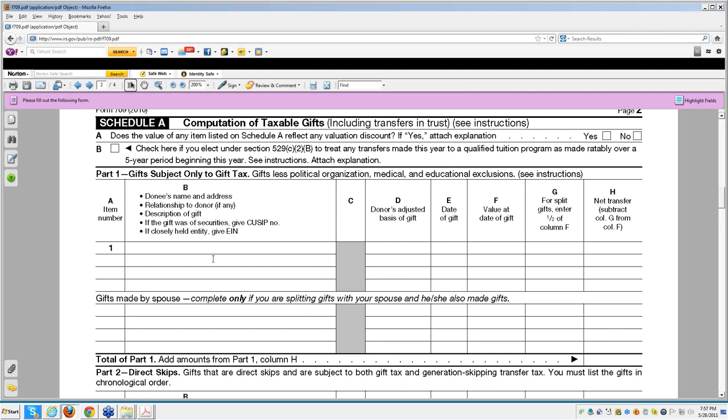Okay, then you put description of gift. If the gift was of securities, give CUSIP number. You gave them a security. So you have to have a CUSIP number. Yeah, and you get the CUSIP number. Okay, watch.